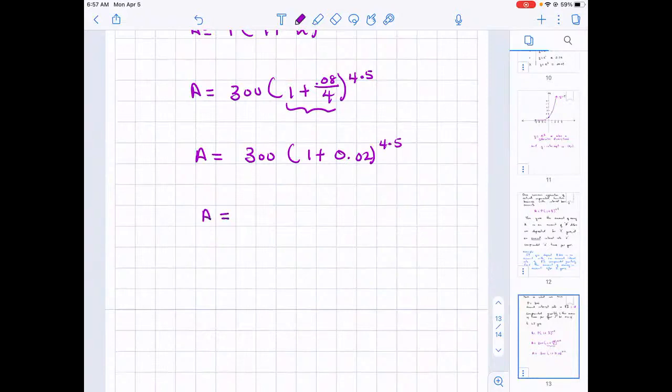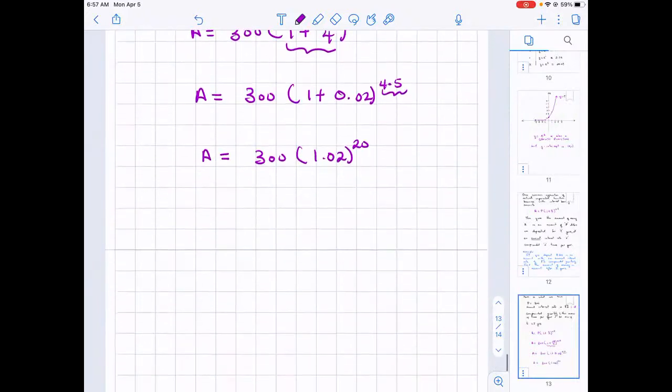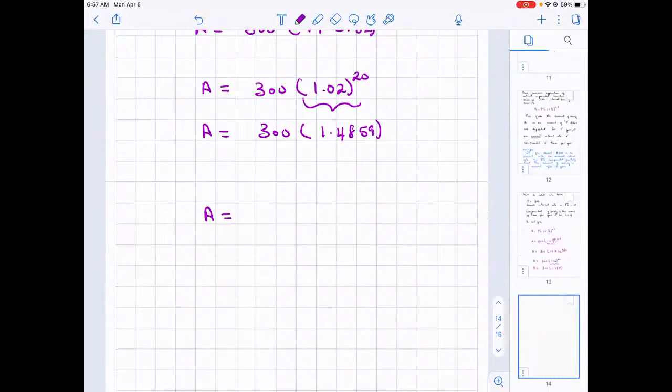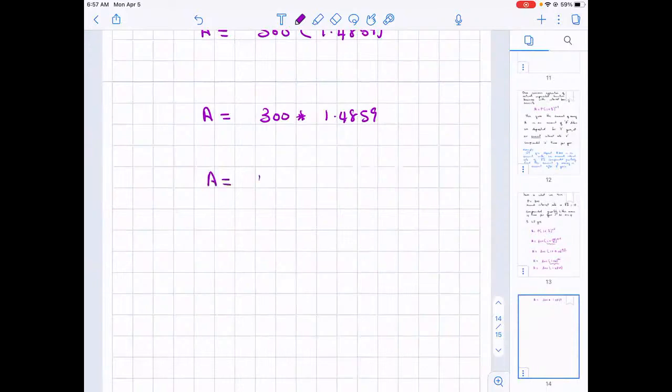So A is equal to 300, 1 plus 0.02 will be 1.02, raised to the 20th power if we multiply. So A is equal to 300. You must do the exponent first. So this becomes approximately 1.4859. Therefore, A is, if you multiply those two numbers now, 300 times 1.4859. And since you're speaking of money, we'll round it to 2 decimal places.